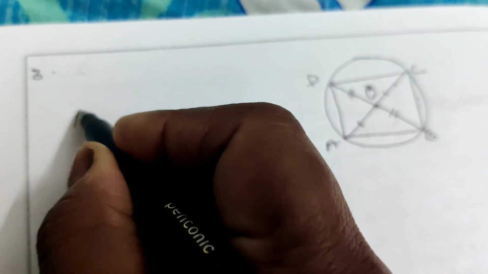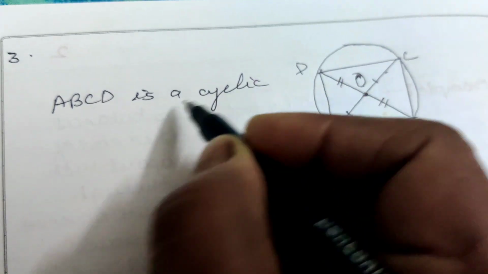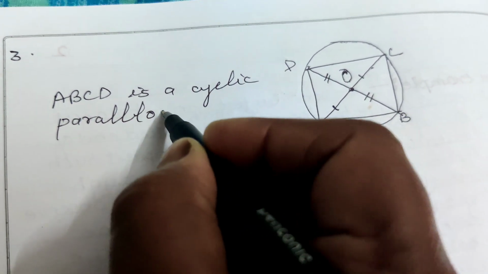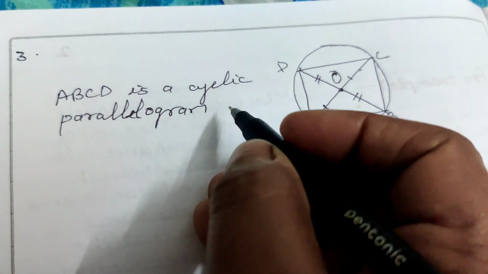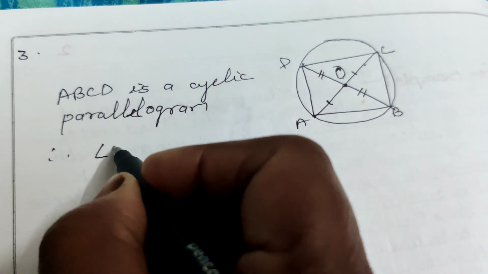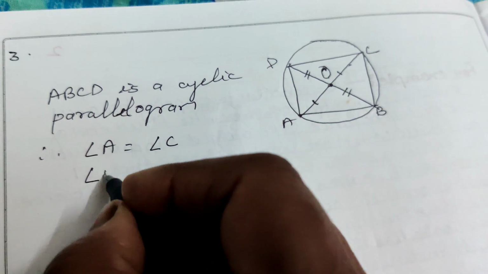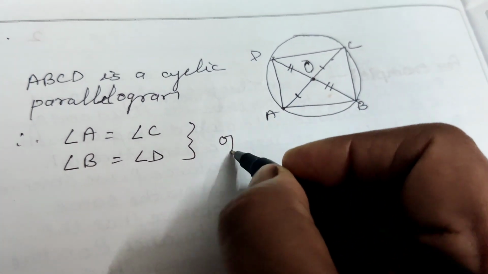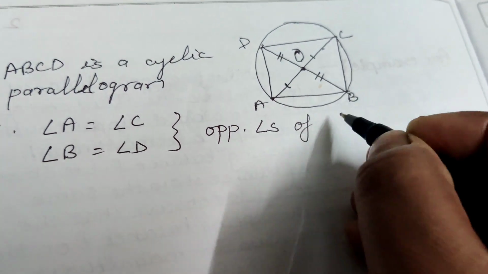Write, ABCD is a cyclic parallelogram. The properties of cyclic parallelogram, therefore angle A equals angle C and angle B equals angle D. The reason is opposite angles of a parallelogram are always equal to each other.